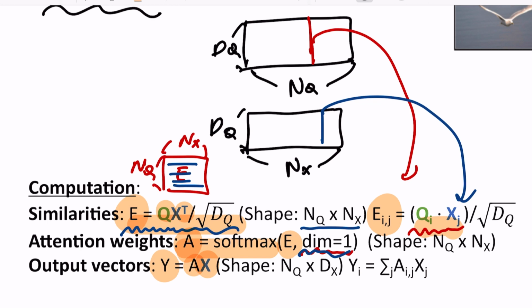Because the size of matrix A was NQ by NX, and the size of matrix X was NX times dx, right?